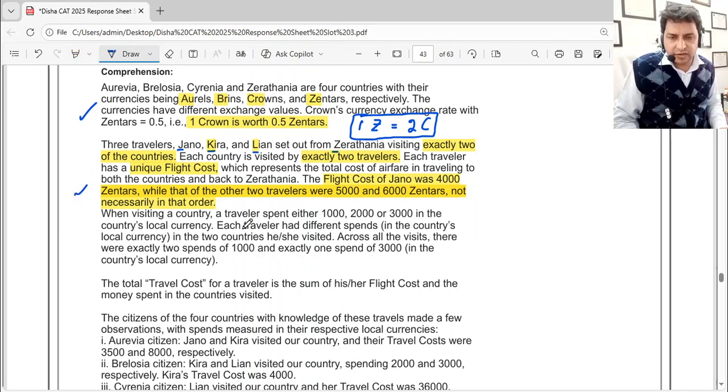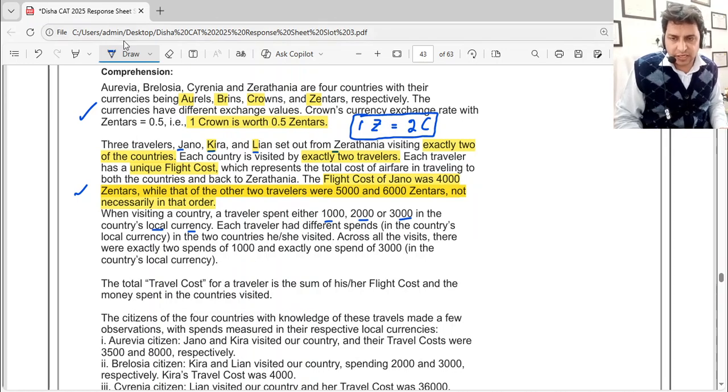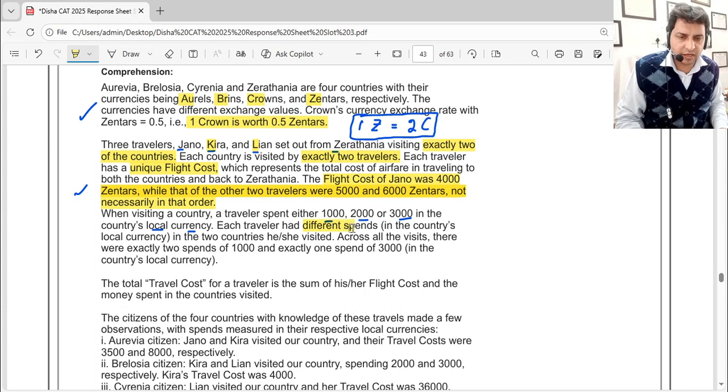When visiting a country, a traveler spent either 1,000, 2,000 or 3,000 in the country's local currency. Each traveler has different spends in the country's local currency, and again everything is different. So that is a very good information they are giving to us, that there are unique informations we have. In the 2 countries he or she visited, across all the visits there were exactly 2 spends of 1,000 and exactly 1 spend of 1,000.